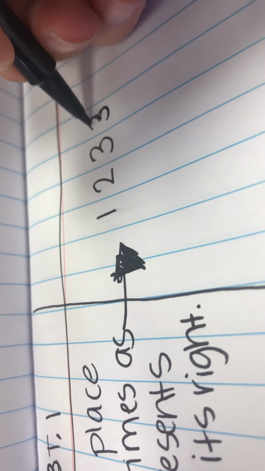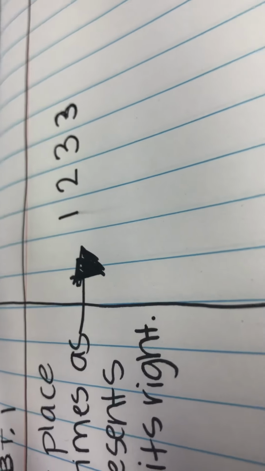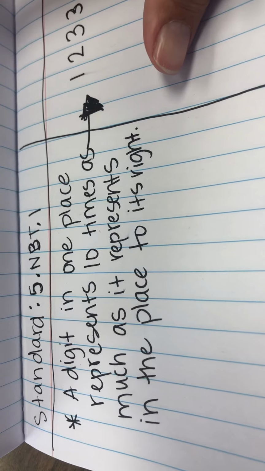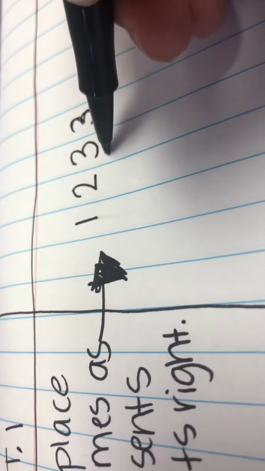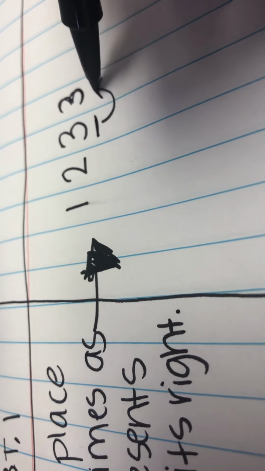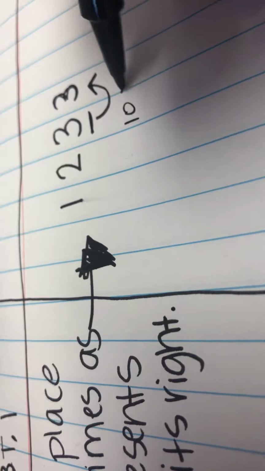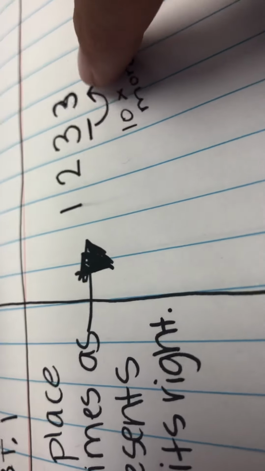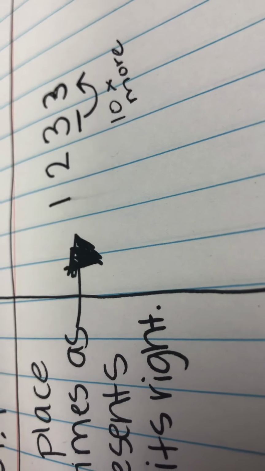So this says a digit in one place represents 10 times as much as it represents in the place to its right. So if we look at this 3 in the tens place, it is 10 times more than the 3 in the ones place, okay?